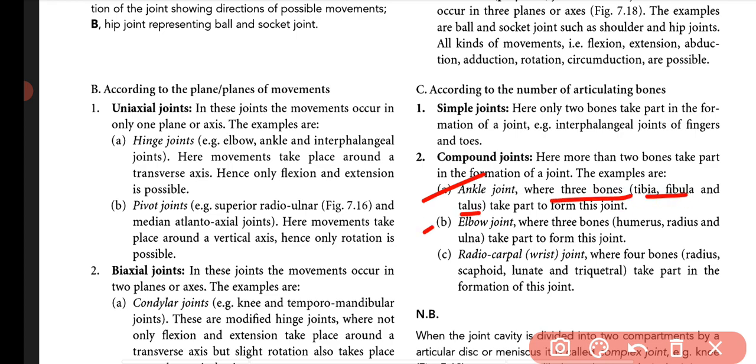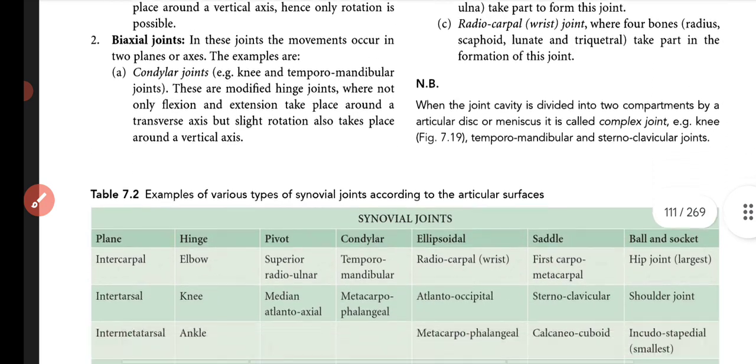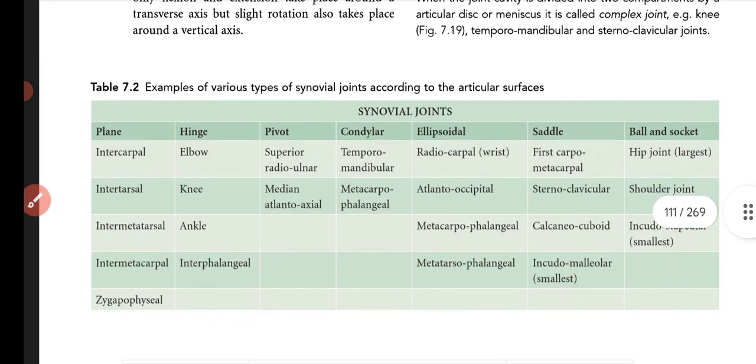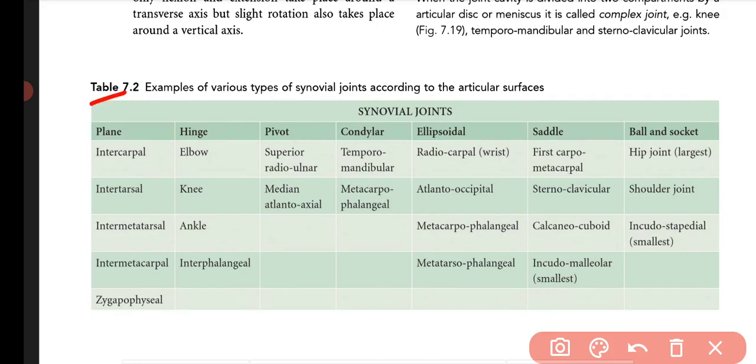Elbow joint, where 3 bones: humerus, radius, and ulna. Radiocarpal joint or wrist joint, here 4 bones: radius, scaphoid, lunate, and triquetral take part in the formation. These are the compound joints. This schematic table shows the various types of synovial joint according to the articular surfaces.